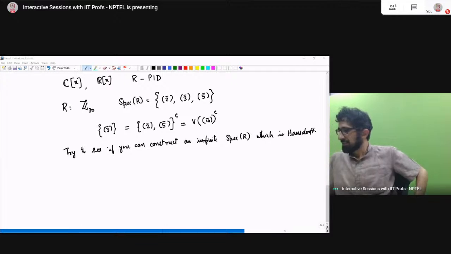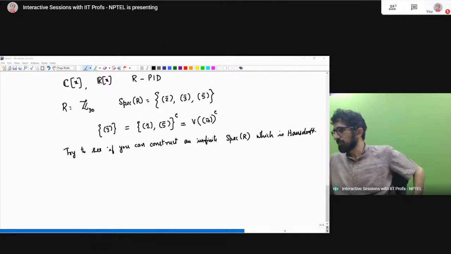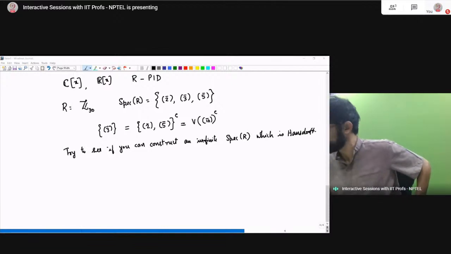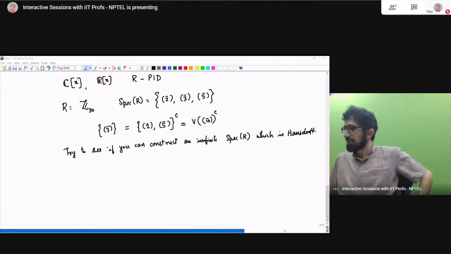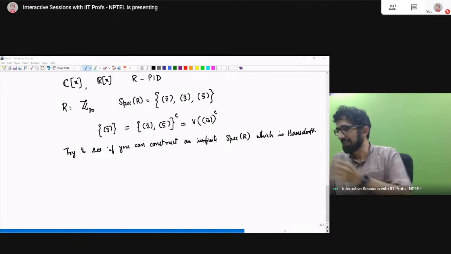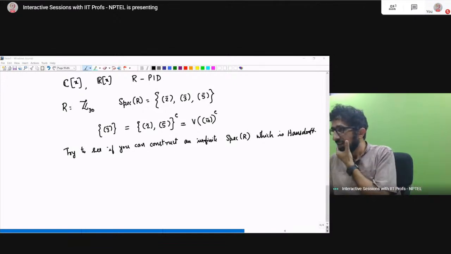So that's how you basically draw pictures of Spec of Z[x], R[x], C[x].